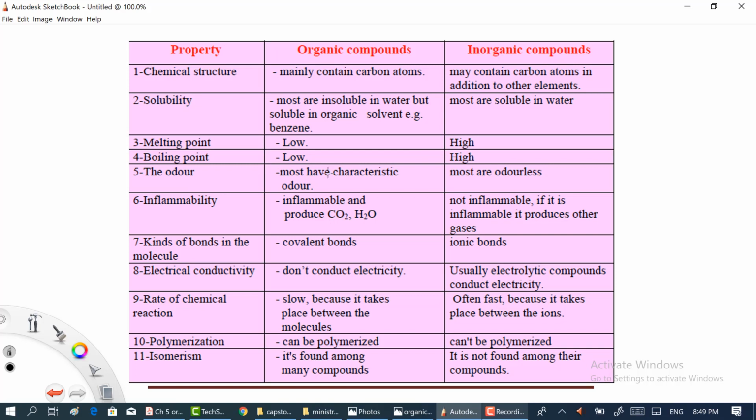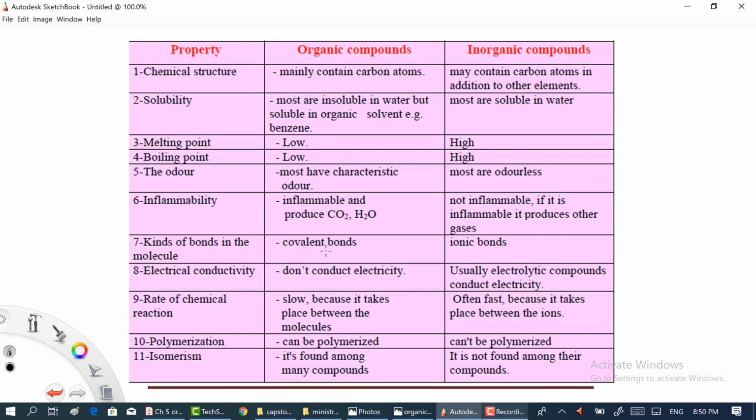Most organic compounds have a smell, but most inorganic compounds are odorless. Inflammability: when burning, organic compounds give carbon dioxide gas and water vapor, but inorganic compounds are not inflammable, or if they are flammable, they produce other gases, maybe carbon dioxide or other gases.